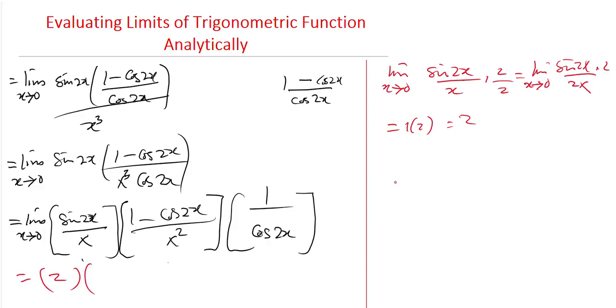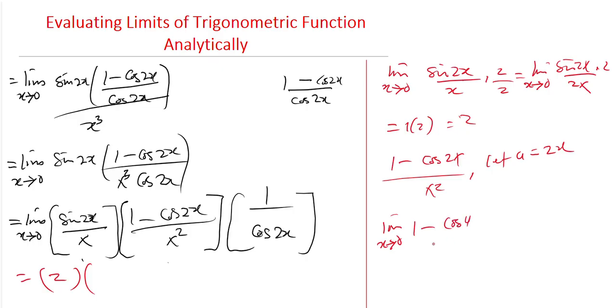Multiply. Let's see the second part where we have 1 minus cos 2x all over x squared. All right, if 2 is not here, all we'll have left will be 1 over 2, but because of this 2, what we are going to do now, let u equal 2x, so that the limit as x approaches 0 of 1 minus cos u all over u squared is equal to 1 over 2.